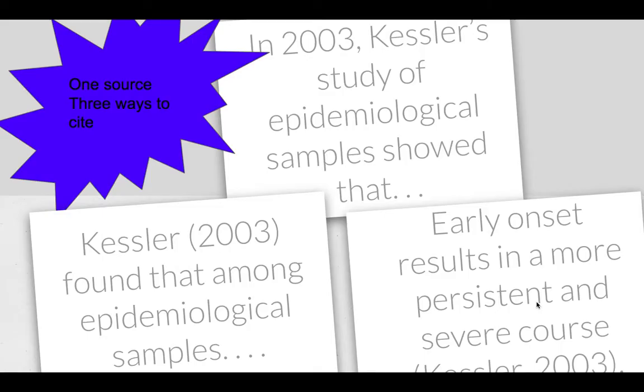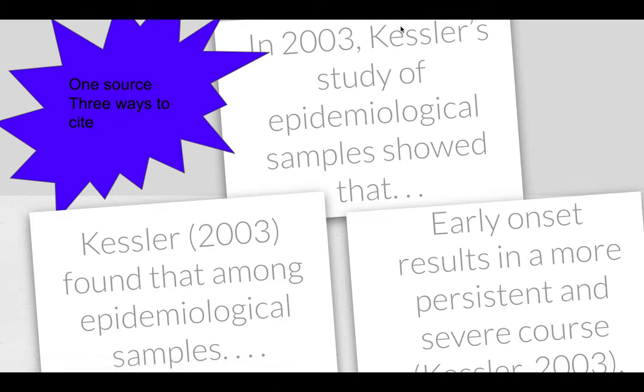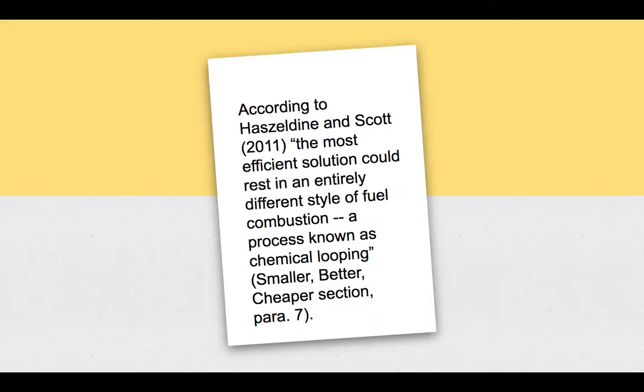And in that case, down here, we do a parenthetical citation at the end of the sentence. So sometimes you can put the author and the date directly into your sentence. Sometimes you can put just the author and then do parenthetical for the date. And sometimes you can do parenthetical for the entire thing, the author and the date at the end of the sentence.